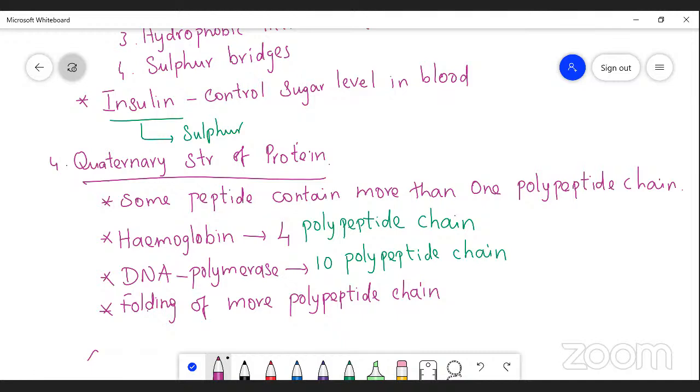Now, let us take the primary, secondary, tertiary and quaternary structures of protein together.